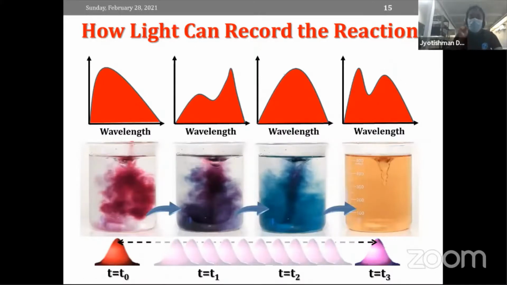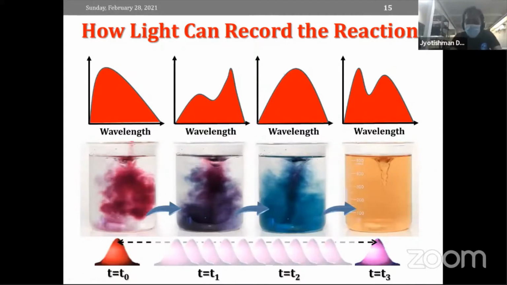That means those color changes you will never be able to see with your naked eye. You need this kind of ultrafast laser to see that, or to create this kind of stopwatch which can record the color change in hundreds of femtoseconds.